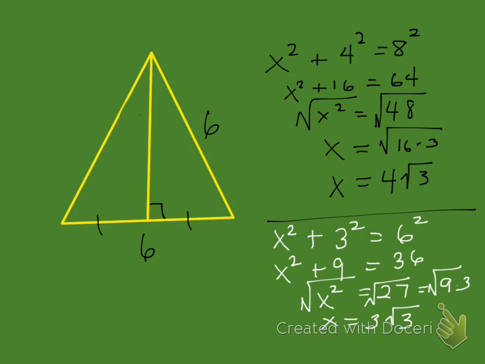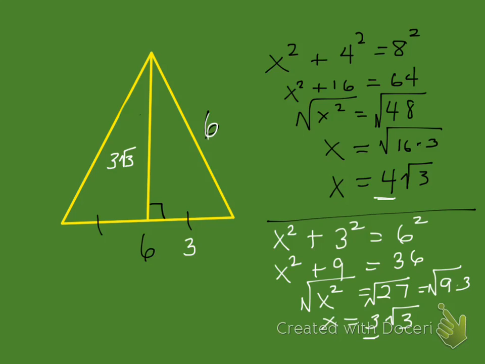Again, where do we see this 3 and where do we see this 4 before? Hopefully you're figuring out the pattern. What you see here is you have one leg, in this particular case is 3. This is 3 square roots of 3, and of course you already had the 6 there.